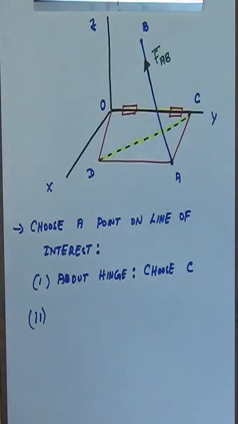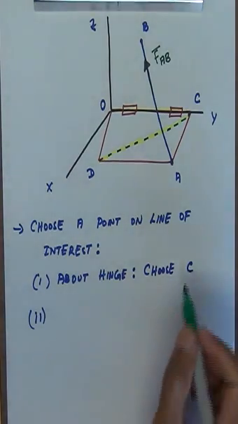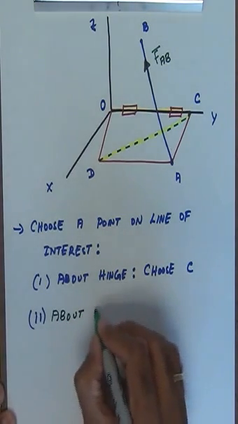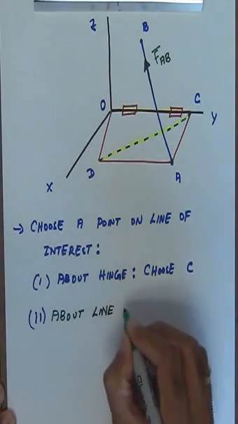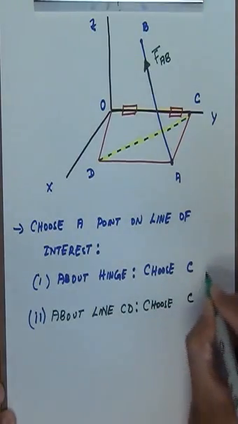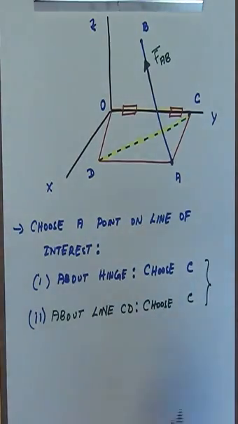So that's what is going to be justifying my choice of the point C here. So about the line CD, choose the point C. Alright, so C is my point of interest on the line of interest.